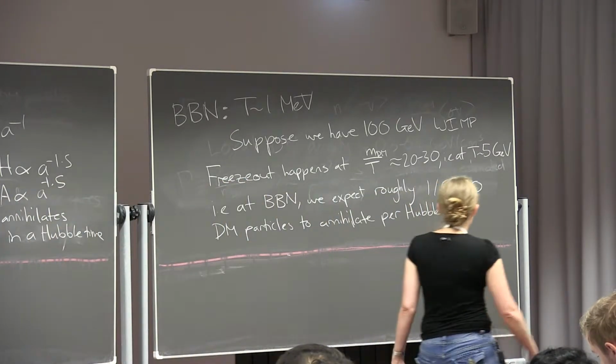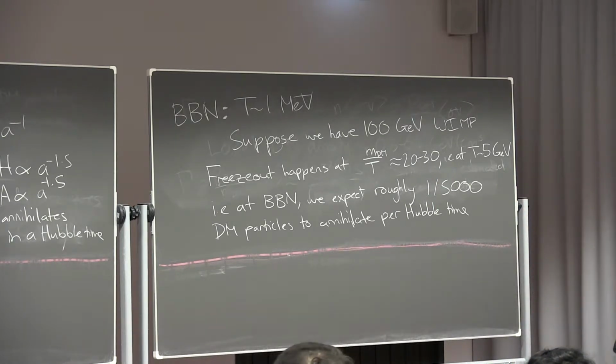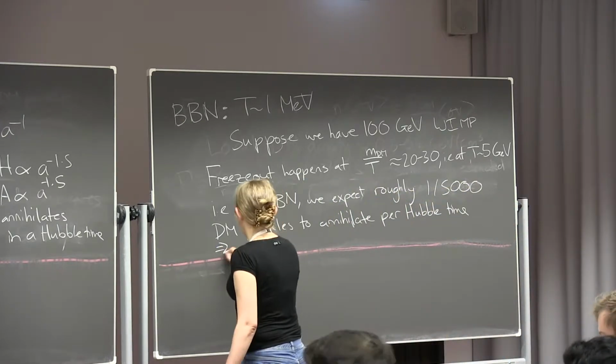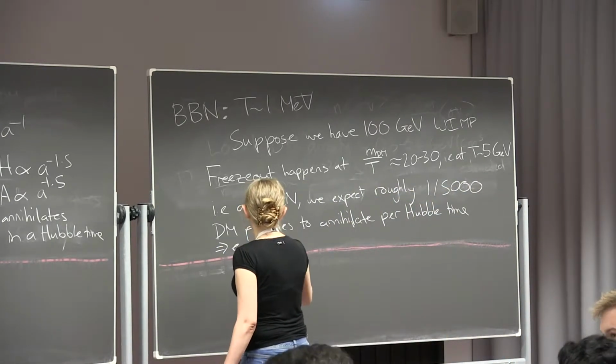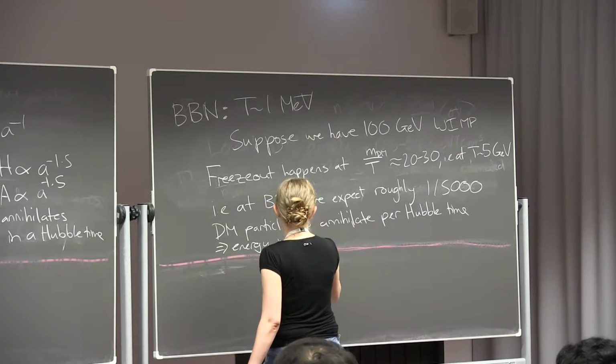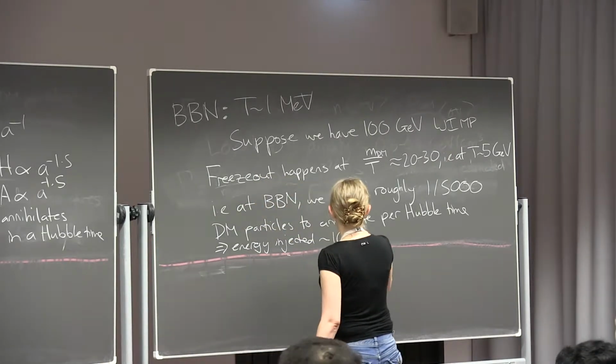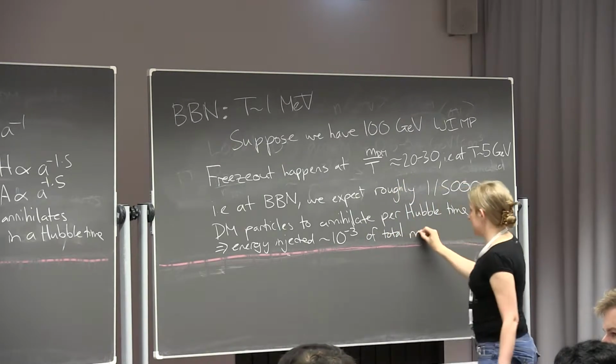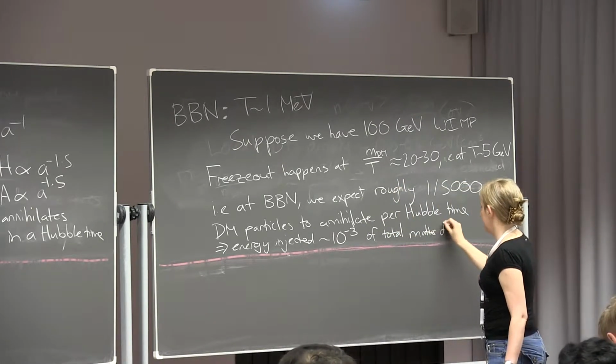Now the total dark matter density is about 5 times the density in baryons, so 1 part in 5,000 of the dark matter density corresponds to about 10 to the minus 3 of the total matter density in baryons.